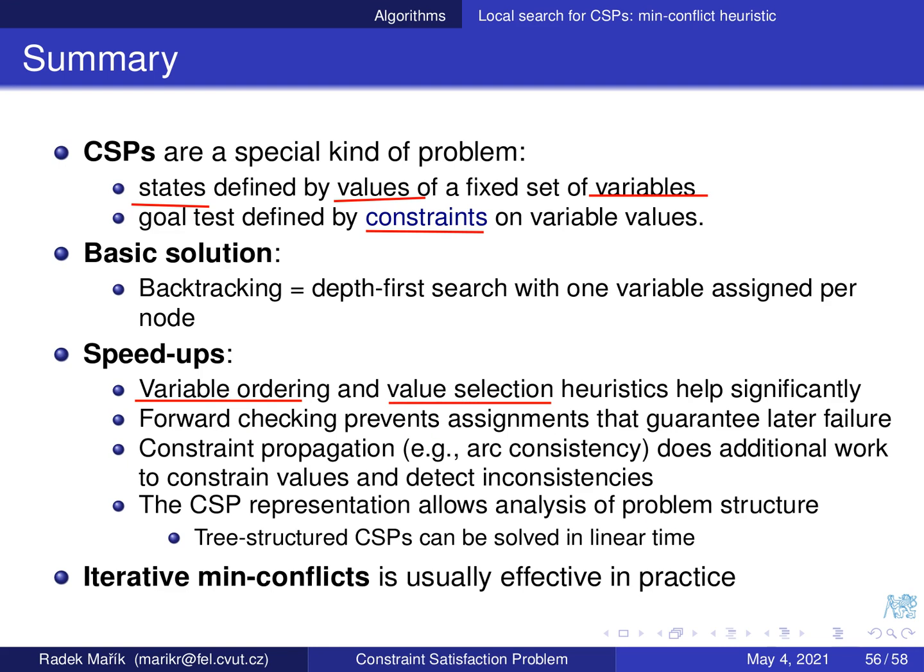Also, we can use the technique called forward checking, when we propagate assignments further to find failures earlier. And if we also perform arc consistency propagation, then we can detect failures even earlier than with forward checking.